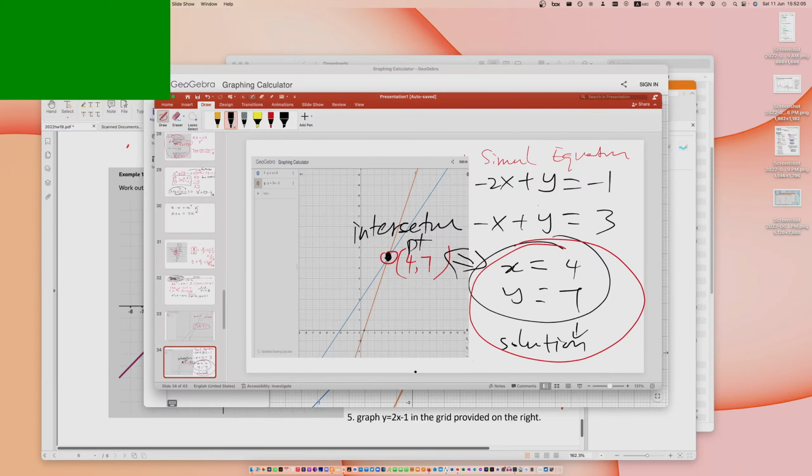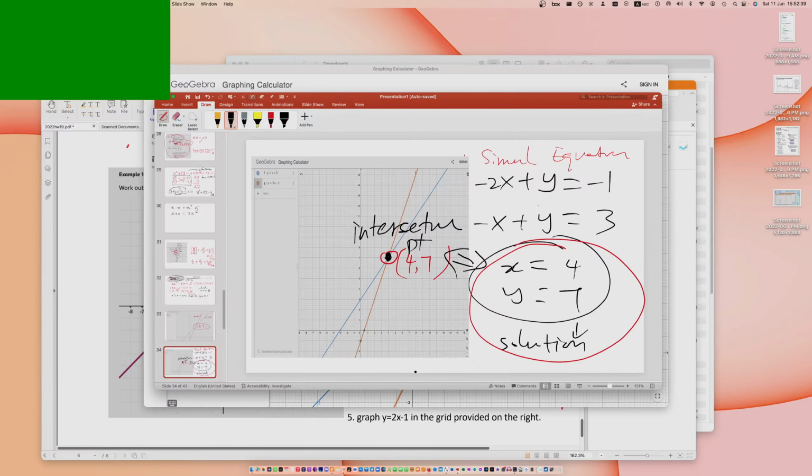Can you repeat this too? The intersection point on the graph is the solution to the simultaneous equation. Then the reverse: the solution to the simultaneous equation is the intersection point on the graph.